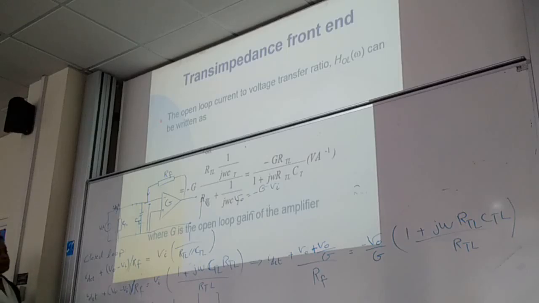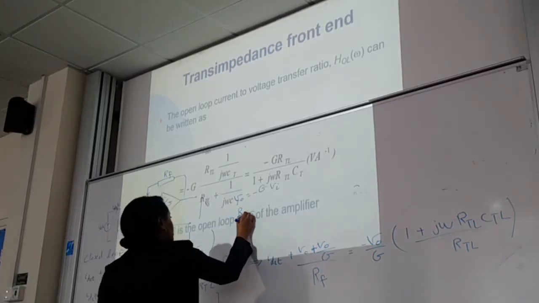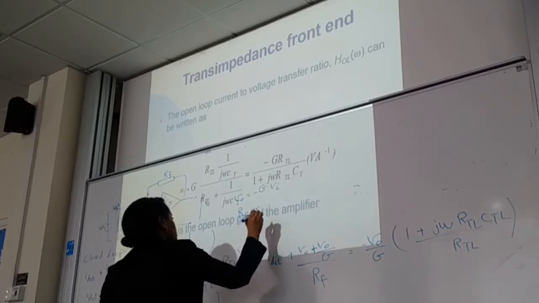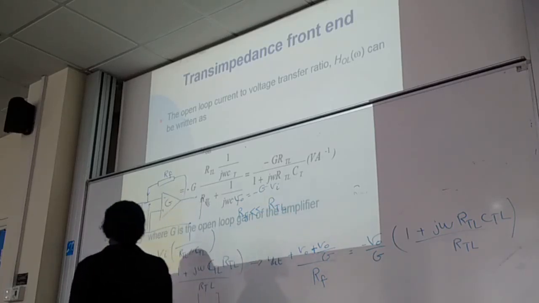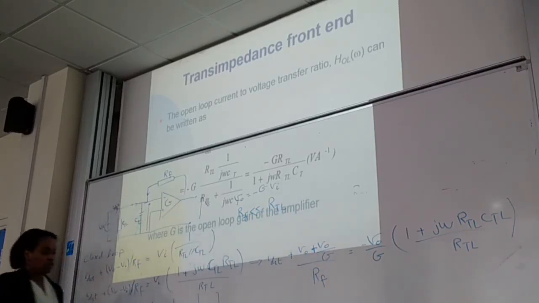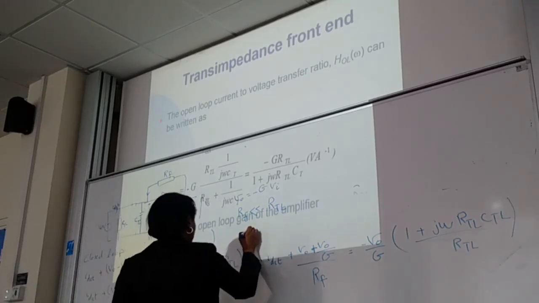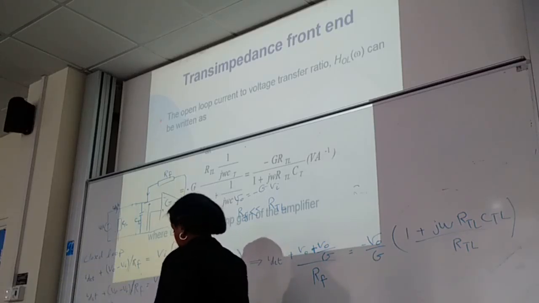RF is usually chosen to be much lower than RTL. And we know G is a very high number, a very large gain.